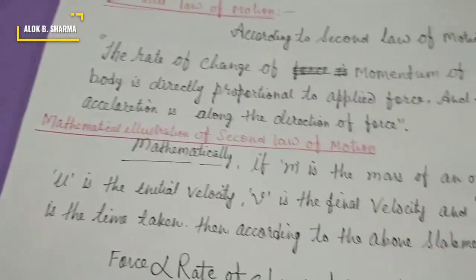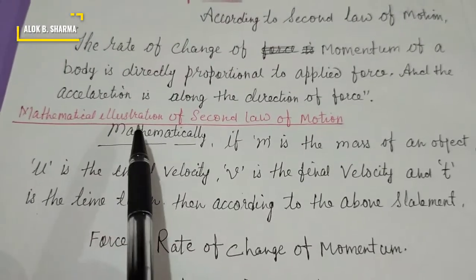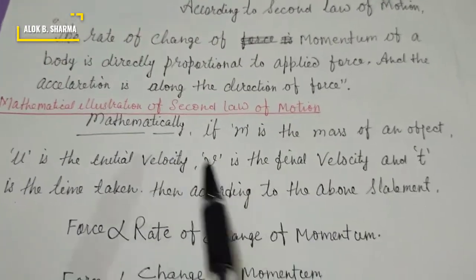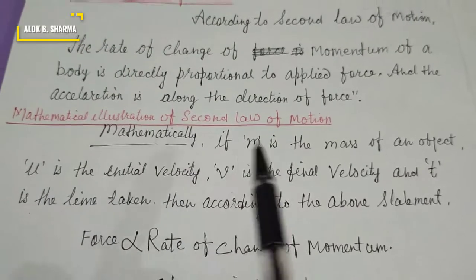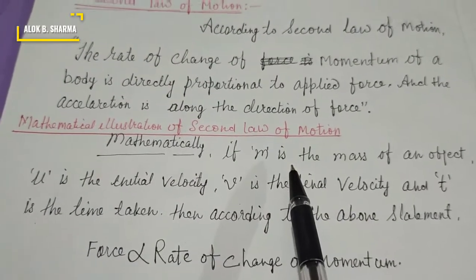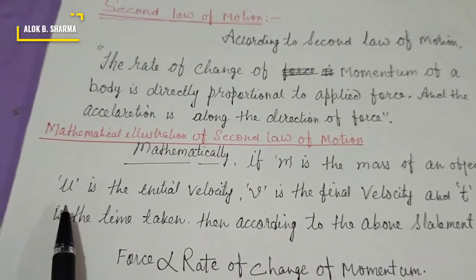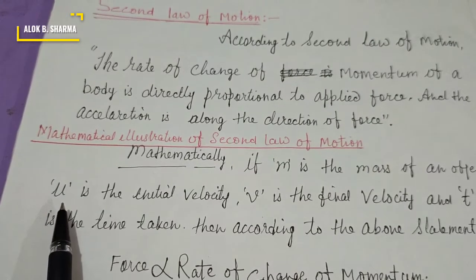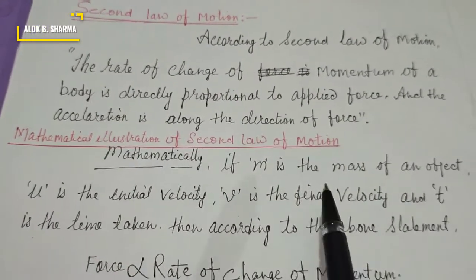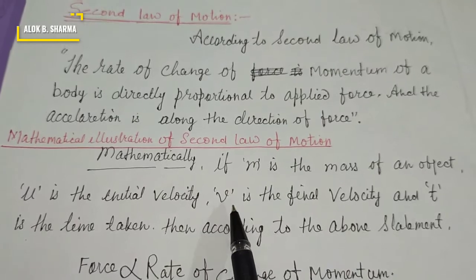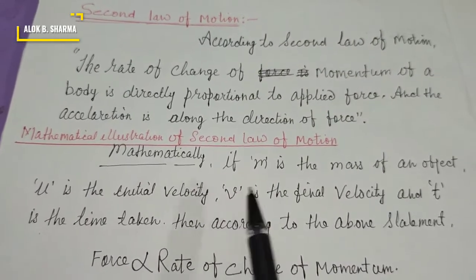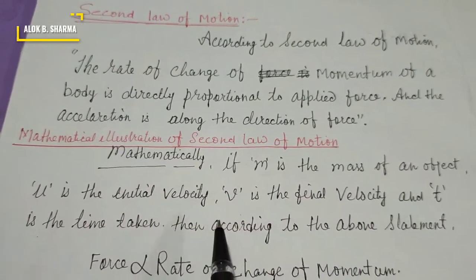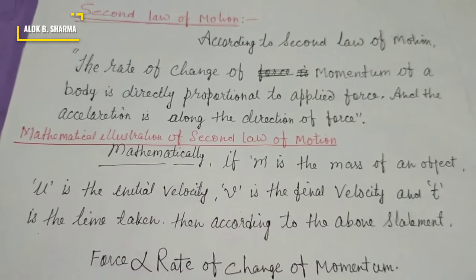Now it will be more clear through this mathematical illustration. Let us consider that m is the mass of an object, initially moving with initial velocity u. After a certain time, the velocity of that object becomes v. So the time taken to change the velocity from u to v is t.